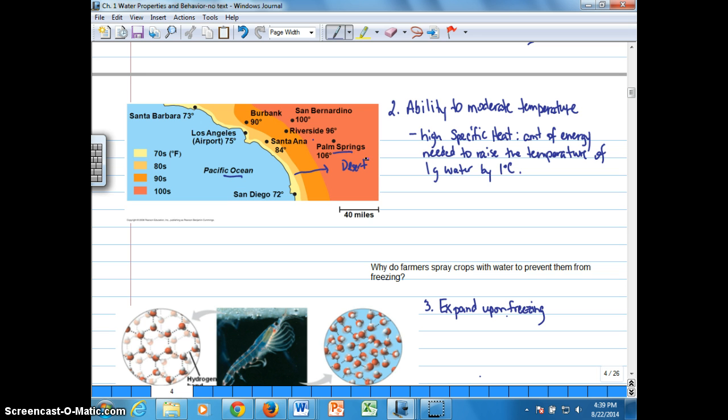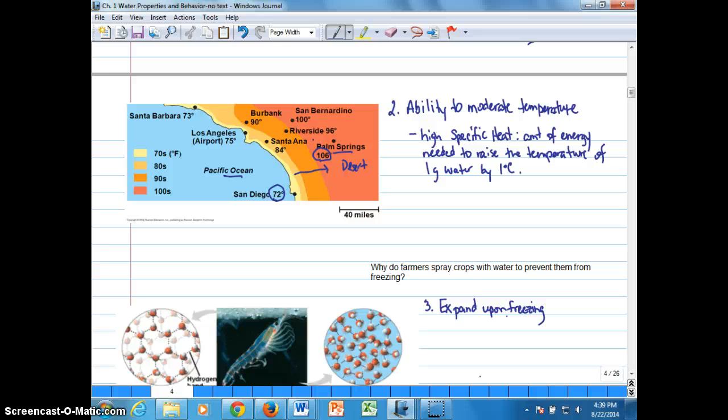So in terms of temperature, we can see that the temperature on the coast is much more moderate than here in the desert, and that's because of the high concentration of moisture in the air. It requires so much more energy to raise that temperature by 1 degree.